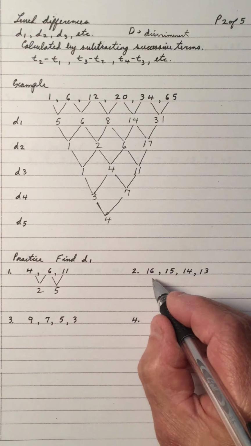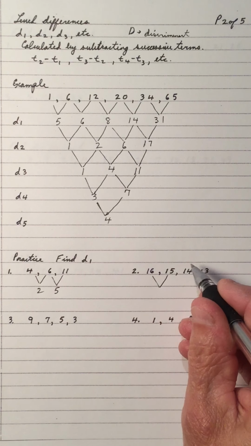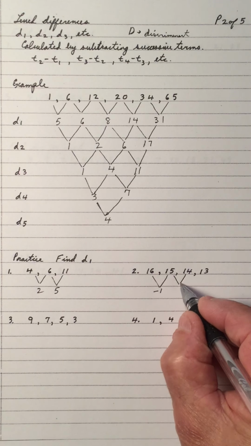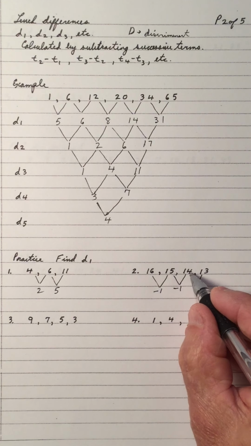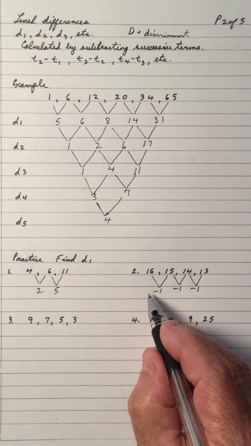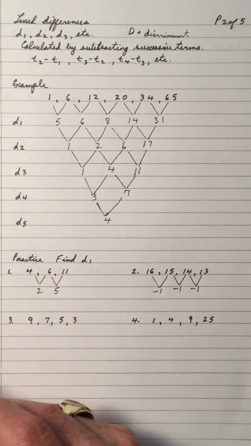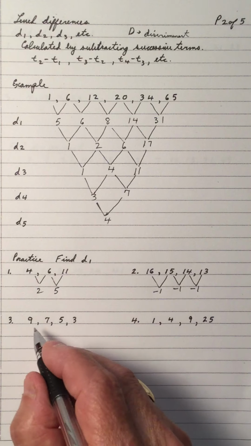That's all I want to do. 15 minus 16 is negative 1. 14 minus 15, negative 1. 13 minus 14, negative 1. Sometimes the level 1 differences are equal. Sometimes they're not. It depends on the numbers or how the sequence is calculated.